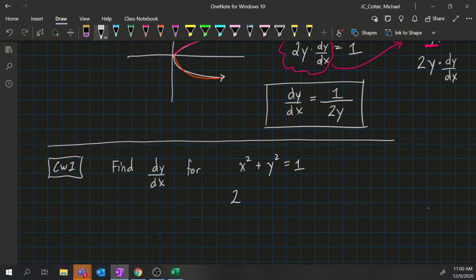It's just 2x, right? That doesn't change. What's the derivative of y squared? Well, we actually just showed that. It's going to be 2y times dy dx. So basically, the hint here is anytime you do a derivative involving y, you have to multiply by dy dx at the end. Derivative of 1 is 0.